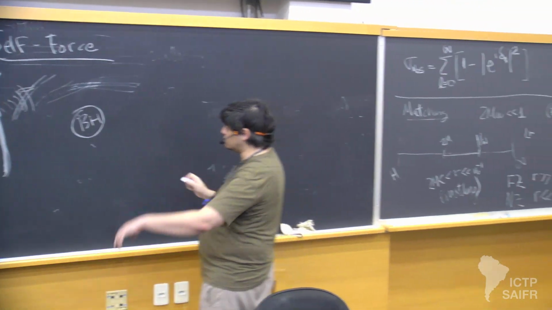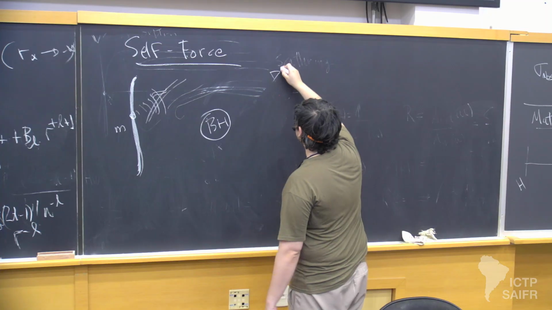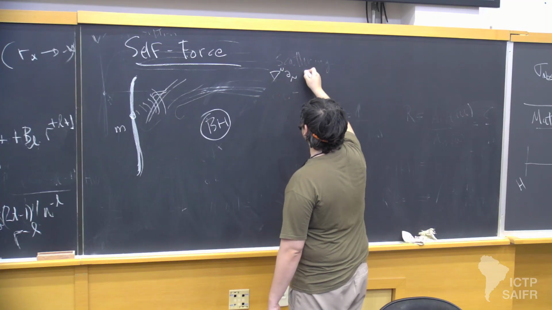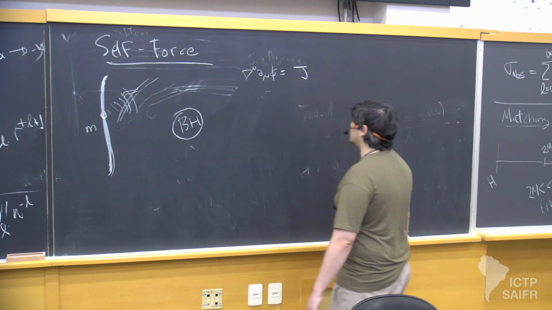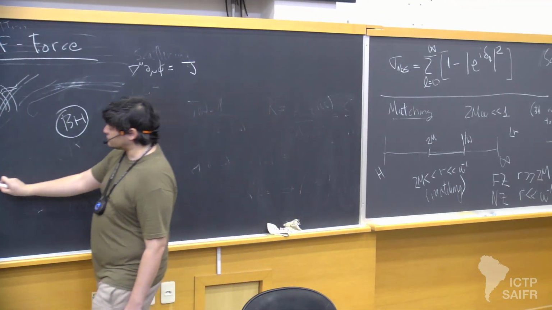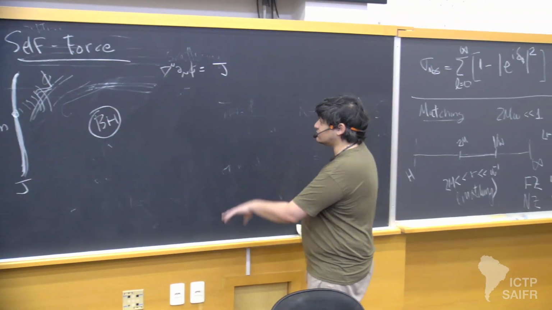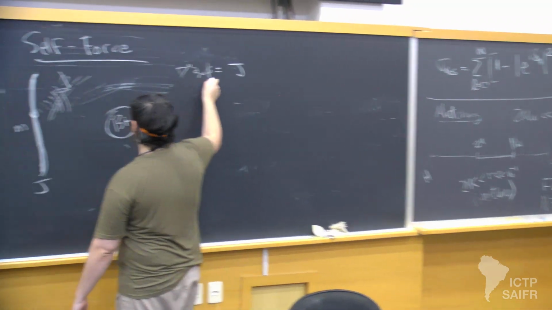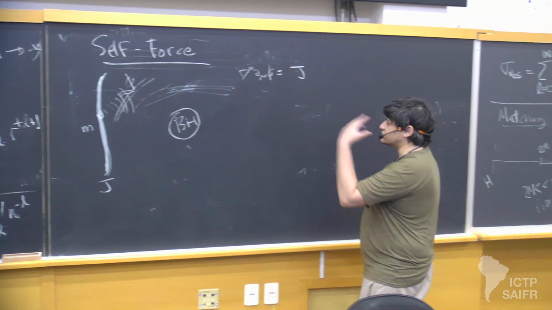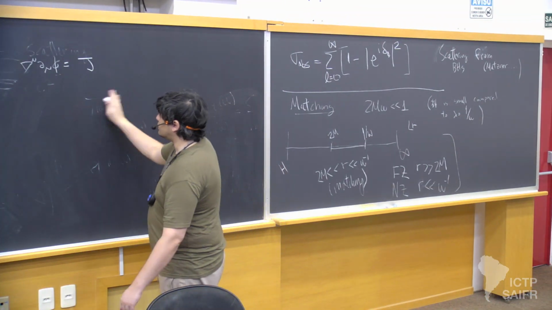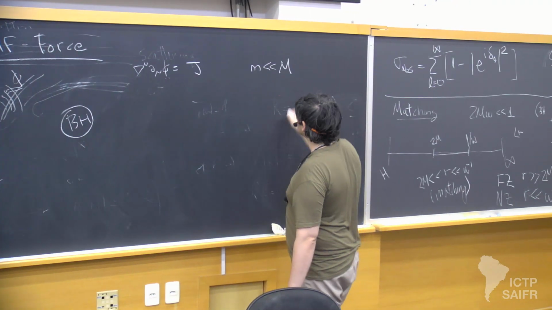In this case, we're going to use a scalar toy model, which is this scalar field. This part of the equation is the same. So the scalar field is sourced by this source here. It's a J, right? So this is my scalar field phi. The part that is not the same is how the source accelerates. I'm going to consider m very small as compared to the mass of the black hole.